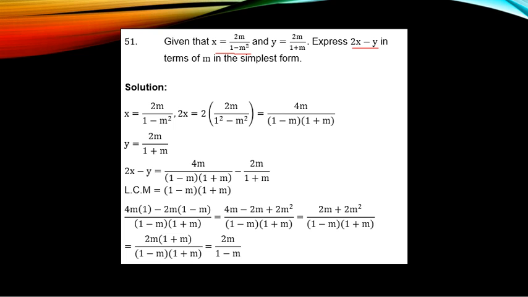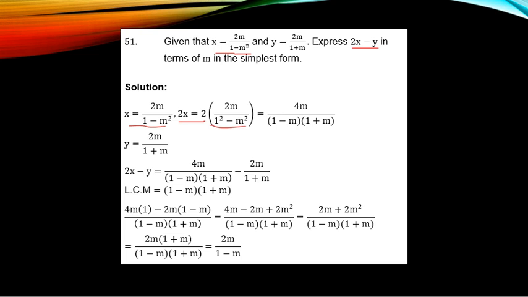Okay, in 2s minus y, already we know that this is s from the question. Then we get 2s. To get 2s, you multiply s by 2. So we can express the denominator as a difference of two squares. You know, 1 can be written as 1 squared, then minus m squared.